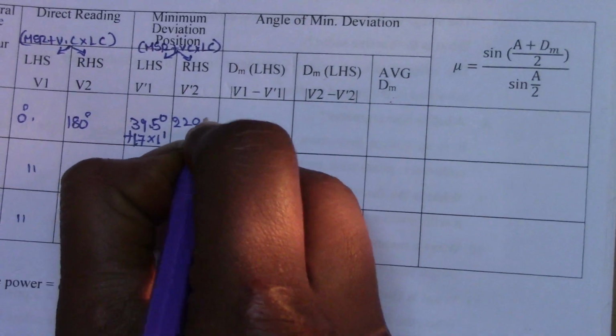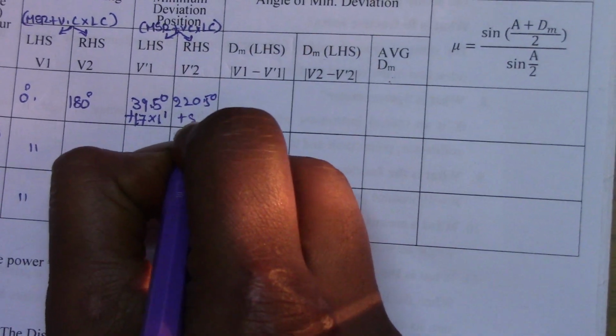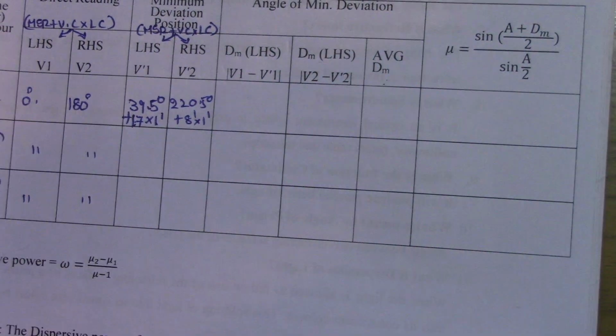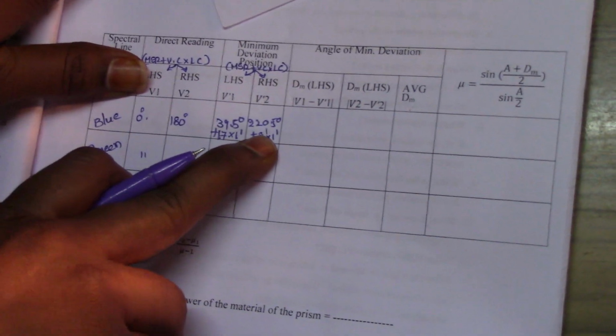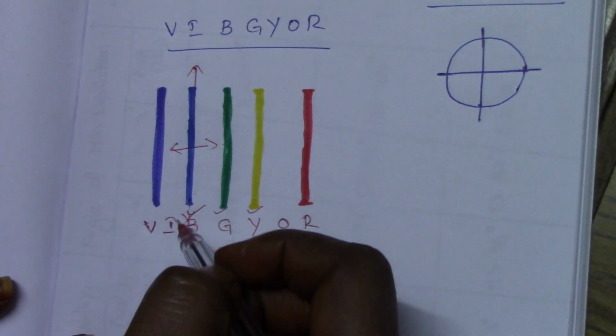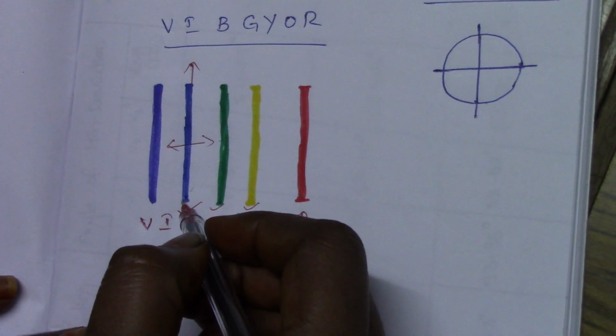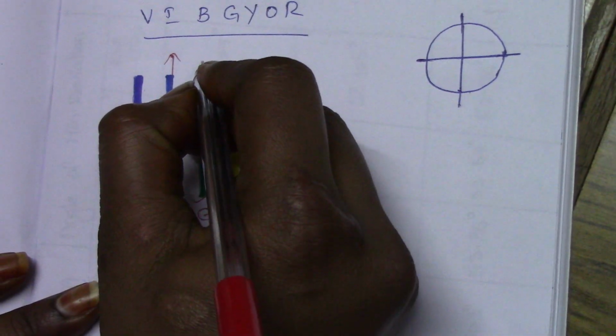Here the Vernier coincidence is 8. So now the reading is 220.5 degrees plus 8 minutes into least count. This is for blue color, both Vernier 1 and Vernier 2. So far we have taken the readings for blue color, both Vernier 1 and Vernier 2.